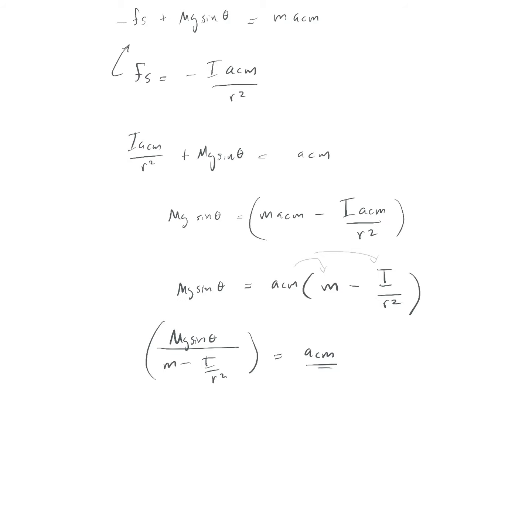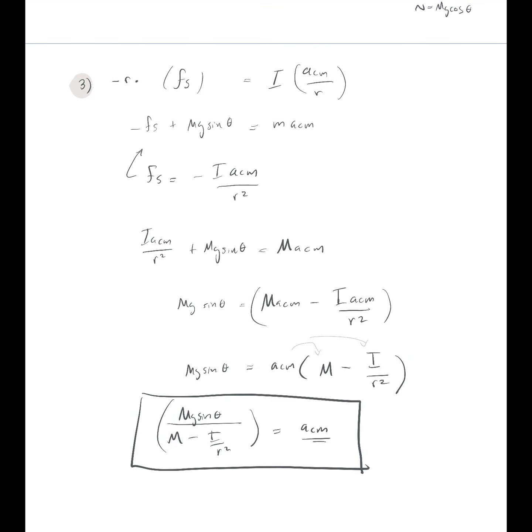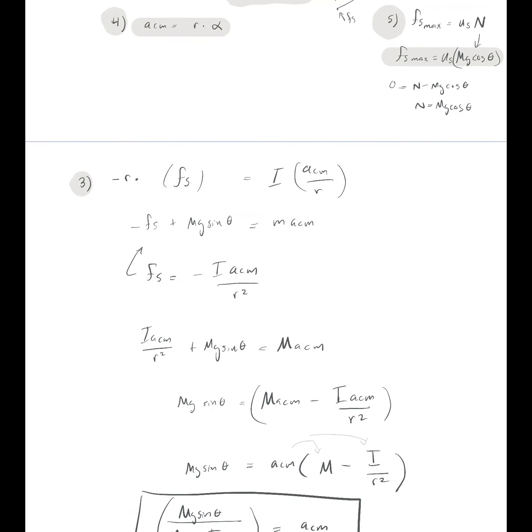This is capital M still. There's only one mass in this problem. I should be careful with my capitalizations. I think I just wrote it at some point as a lowercase m, but there's only one mass, so this shouldn't be confusing. Don't trip yourself up there. So this is my final expression for the acceleration of the center of mass.